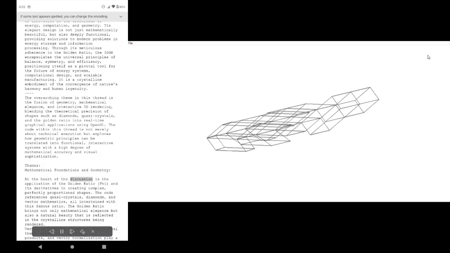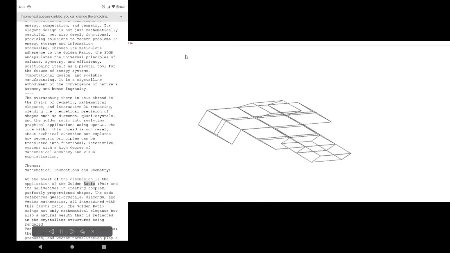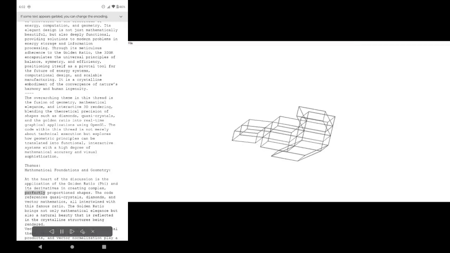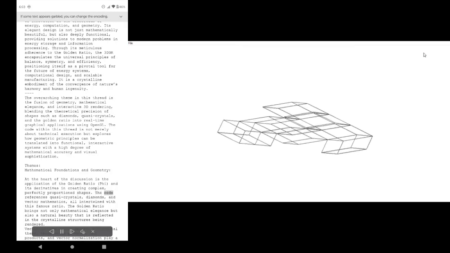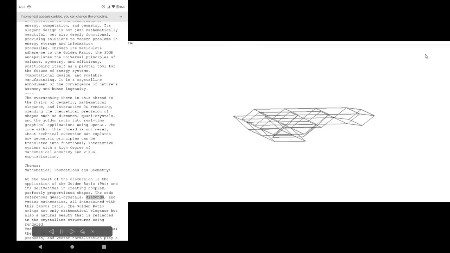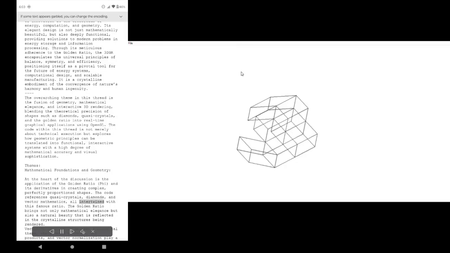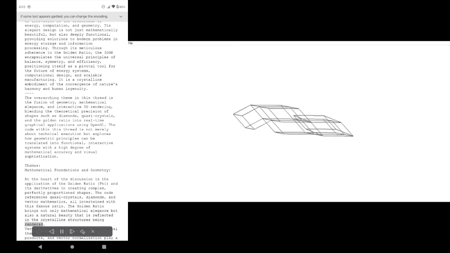At the heart of the discussion is the application of the golden ratio, phi, and its derivatives in creating complex, perfectly proportioned shapes. The code references quasi-crystals, diamonds, and vector mathematics, all intertwined with this famous ratio. The golden ratio brings not only mathematical elegance, but also a natural beauty that is reflected in the crystalline structures being rendered.